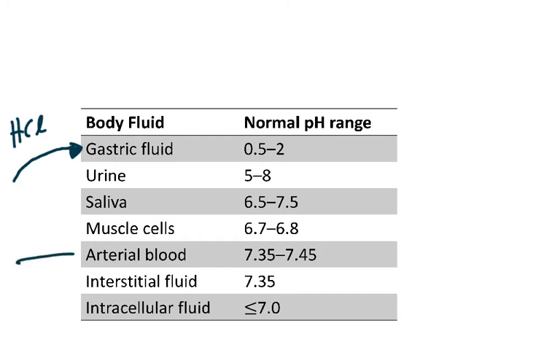Here we see blood as the physiological pH. Muscle cells and saliva are, well, I guess saliva has a large range that centers on 7, but muscle cells are slightly acidic. Urine has a large range. Saliva has a large range. Interstitial fluid is just like blood, and intracellular fluid is acidic.